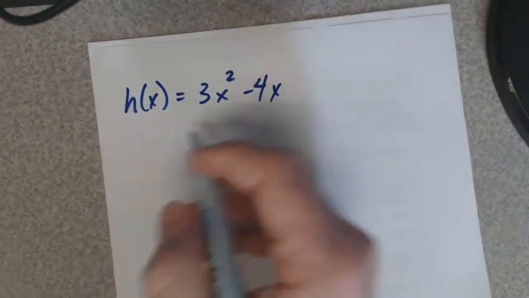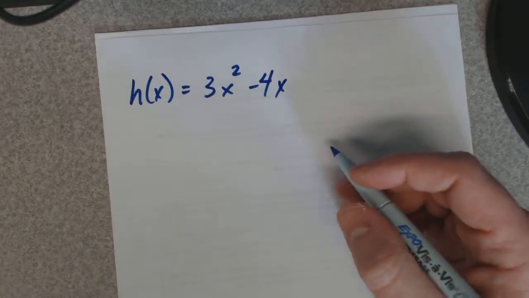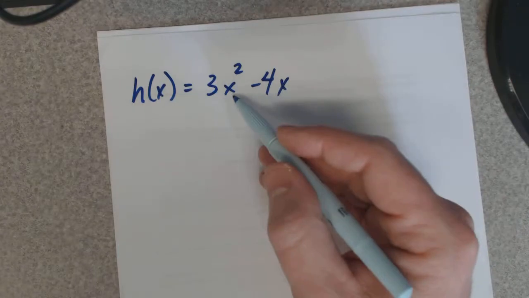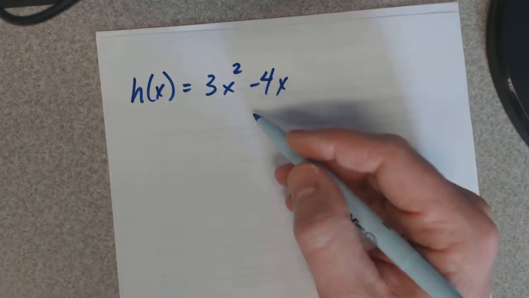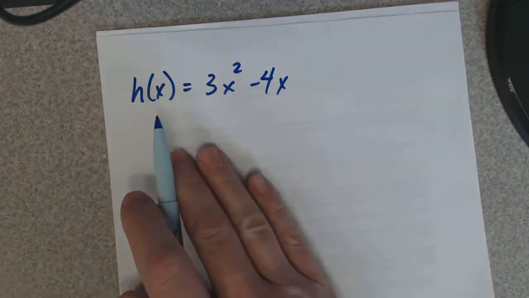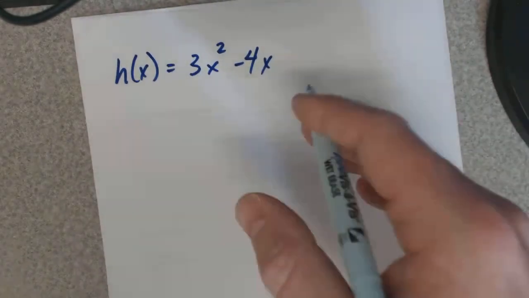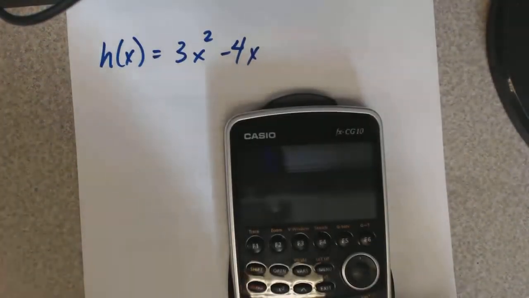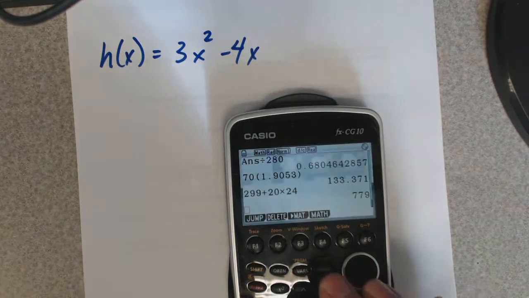Now, h of x equals 3x squared minus 4x. I'm not so sure about how to graph this one. I could graph the last one because it had a parent graph, but this -4x business is throwing me off. I could complete the square and do all that, but who's got time for that? So let's just graph it and see what it looks like.